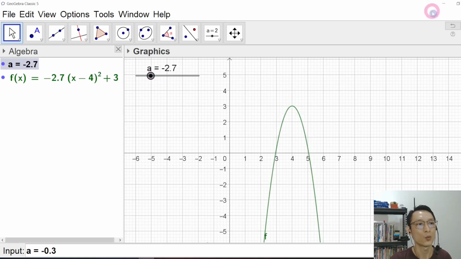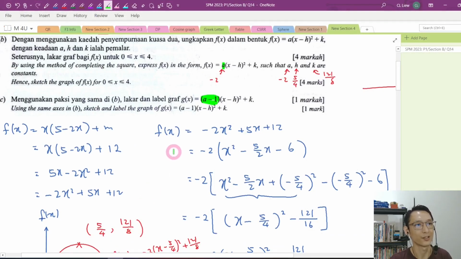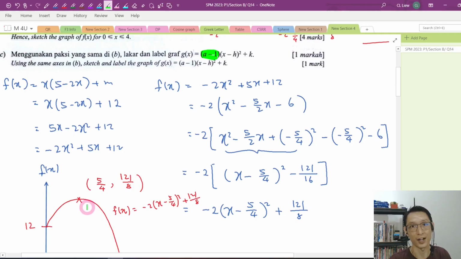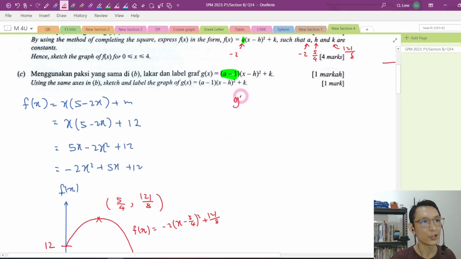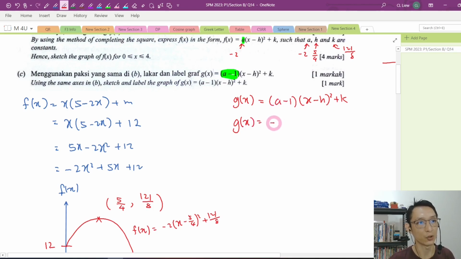Okay. Now we can apply this concept, this knowledge, on this question. This is negative 2, right? This is negative 3. We know that the graph must be narrower compared with this graph, right? So g of x is equal to a minus 1 times (x minus h) squared plus k. Okay, and we know a is actually equal to negative 2.